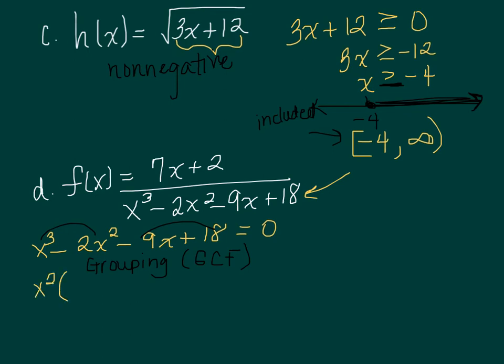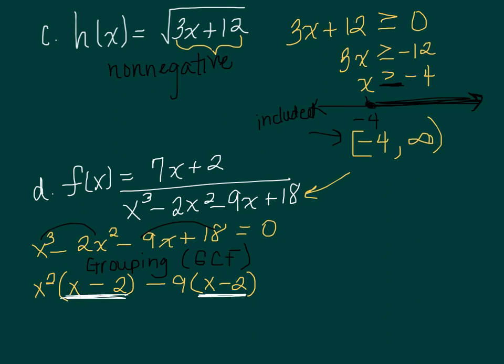Greatest common factor is GCF. And you're going to take out an x squared, so that leaves x minus 2. The GCF of our second group is -9. And if I divide both of those by -9, I'm going to be left with x minus 2. You want there to be a common factor from both of your groups.